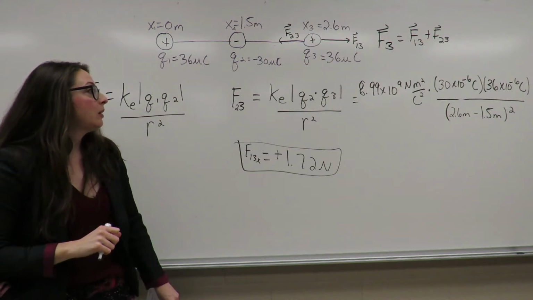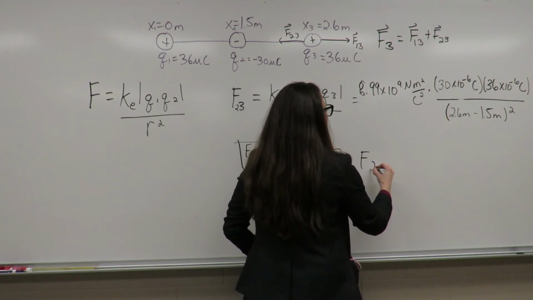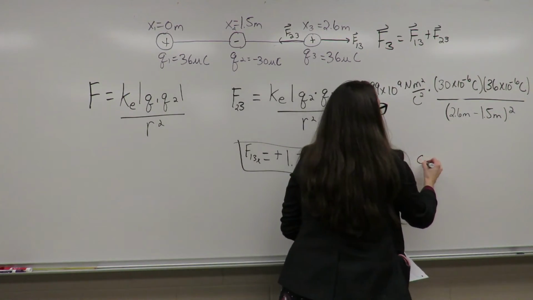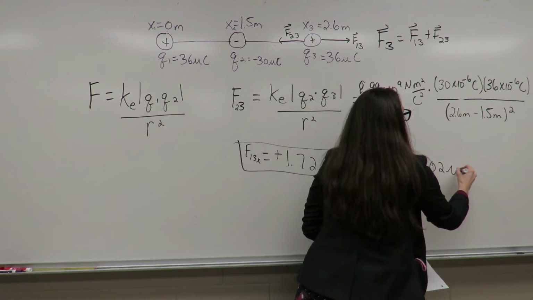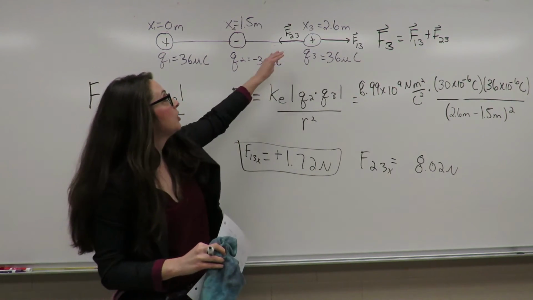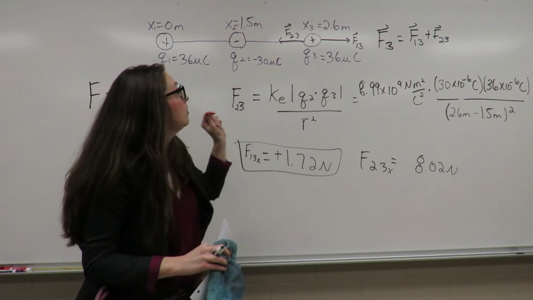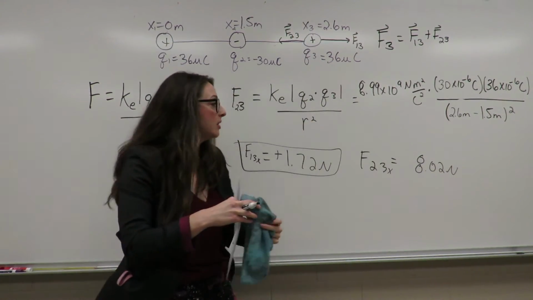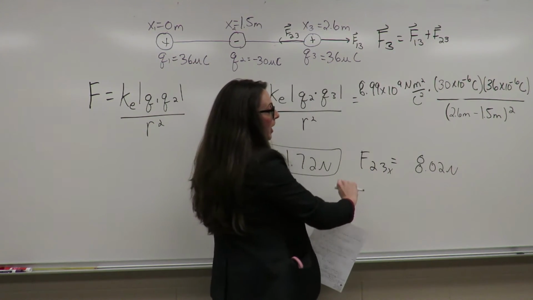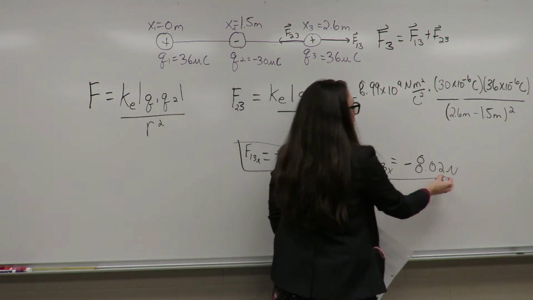We plug those values into our calculator and get that the magnitude of F23 is equal to 8.02 newtons. But if we look at the direction in which our vector is pointing, F23 is pointing towards Q2 along the negative x-axis. So the component of the vector F23 in the x direction is negative 8.02 newtons.